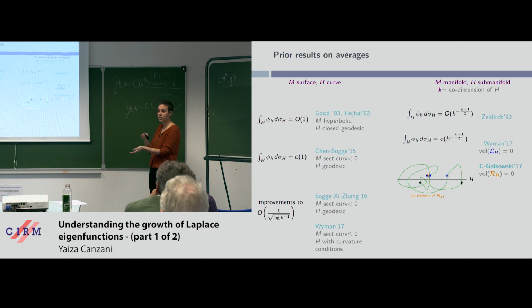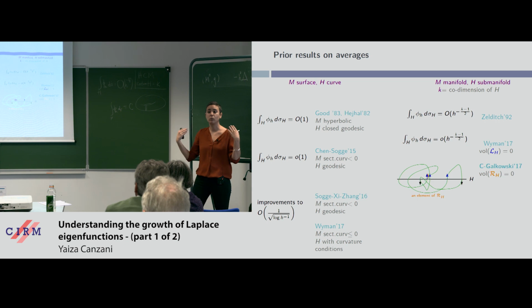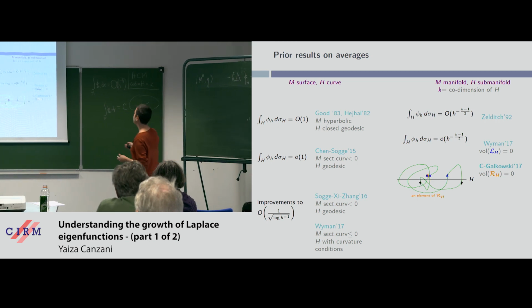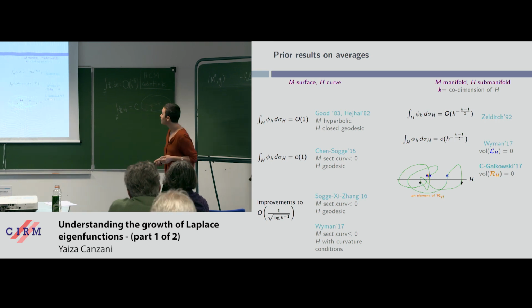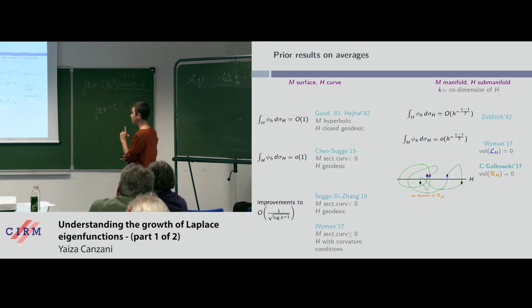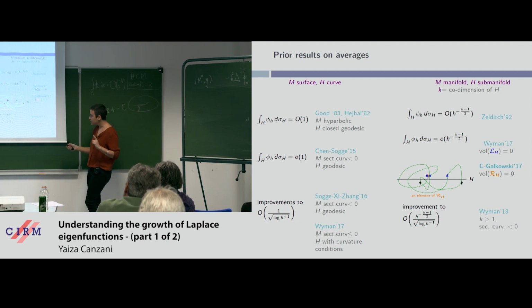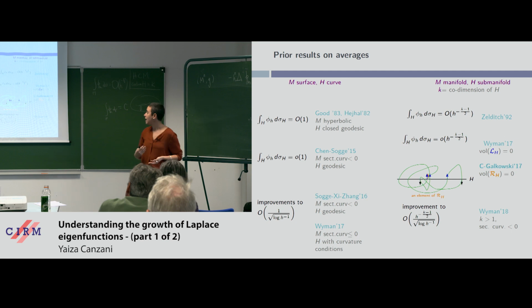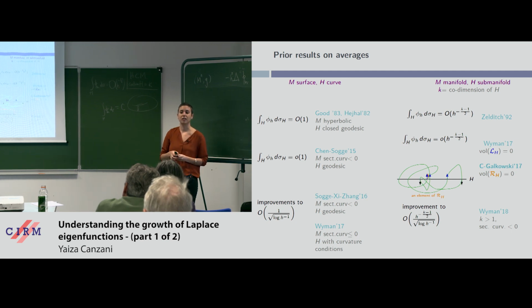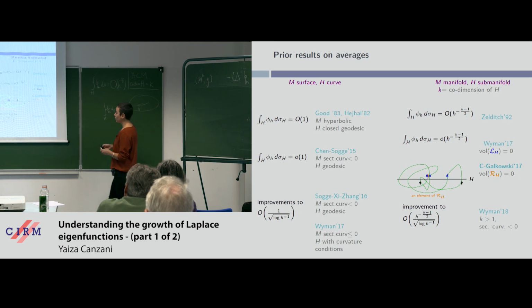So that's what the last 2 slides of my talk are going to be about, getting quantitative improvements on this universal upper bound for submanifolds. And I should say now that there is a result by Wyman that gets a logarithmic improvement if the sectional curvatures are negative and if the codimension of your submanifold is strictly bigger than 1. But we didn't want to impose this condition on the curvature of the manifold.